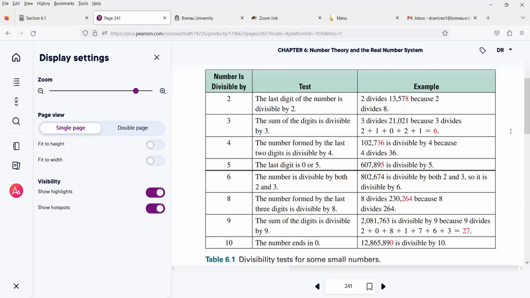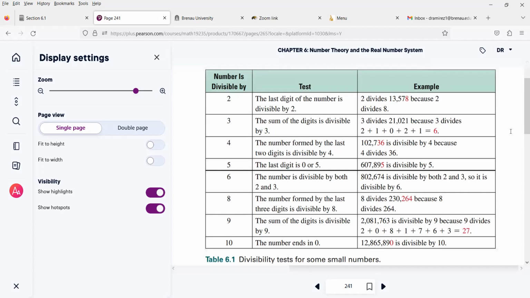A number is divisible by 5 if the last digit is either 0 or 5. A number is divisible by 6 if the number is divisible by both 2 and 3. A number is divisible by 8 if the number formed by the last 3 digits is either a triple zero, that is 3 zeros, or it is a number divisible by 8. Number 9 is very similar to number 3.